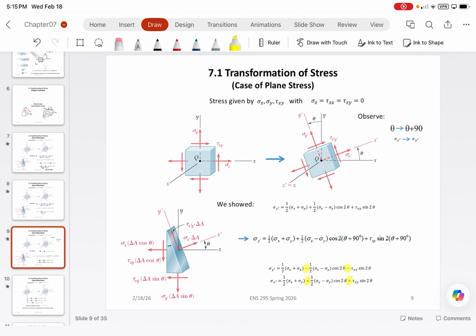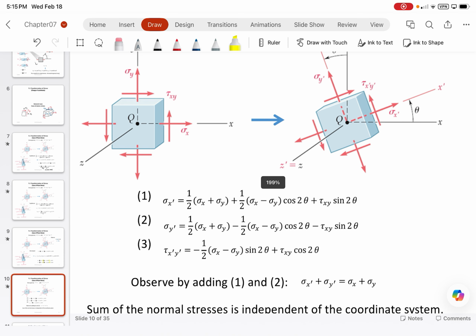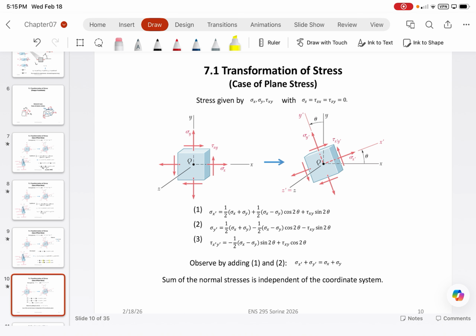All right. So those are the three equations that we use to define a general stress state and to be able to transform the stresses for any particular orientation of that very small point. So one thing to note, it says observe by adding 1 and 2.